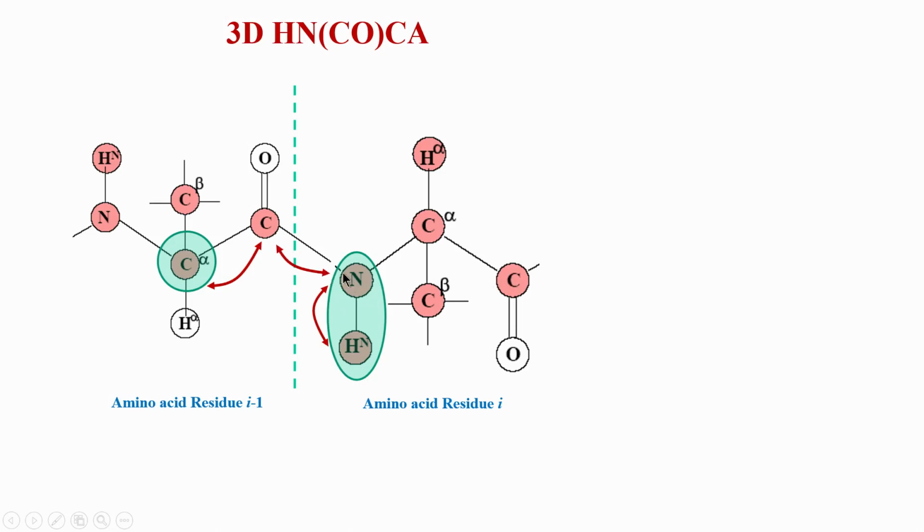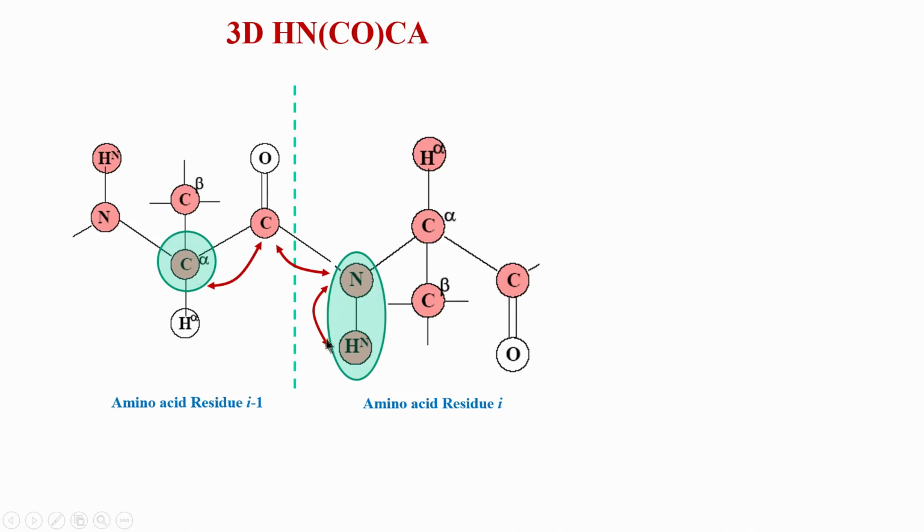That is pretty strong, and I can tune my INEPT delay to go exclusively or selectively to this side. Once I go here, I can further go to the next atom by using this coupling, which is 55 hertz. You have to keep these coupling values in mind. If I have another transfer, I can exclusively go to this part.